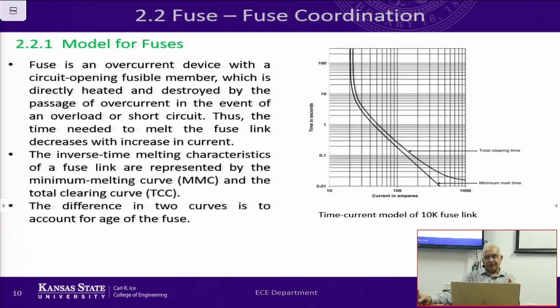But in that process, it may lose a little bit of its characteristics, so we have to allow for an allowance. So the lower curve is the minimum melt time, which means that it will operate in that condition even if it is an old fuse. So a fuse will always have two graphs associated with it. The actual operating time can be anywhere in between. We don't know for sure. Okay?